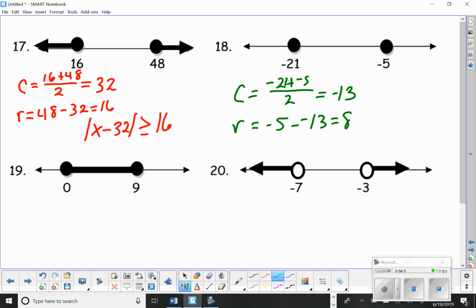This would be the absolute value of x plus 13 equals 8. So far, so good? I hope so. All right, next one up.